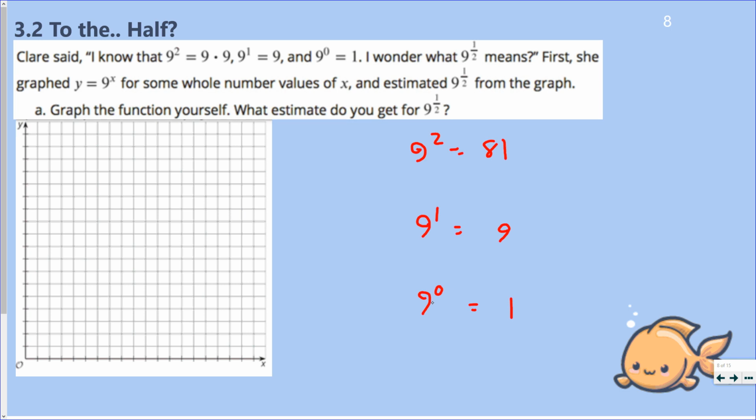And so we were able to extend the definition to 0, and then even to negatives by saying that we're dividing by 9 each time when we make the exponents go down. And so we get to 9 to the negative 1 being 1 over 9.